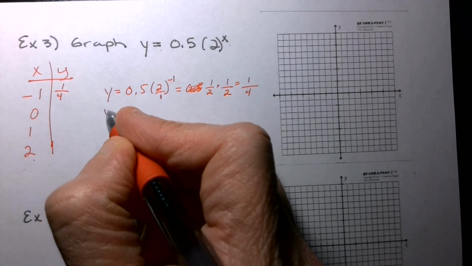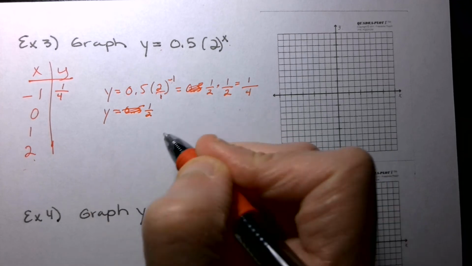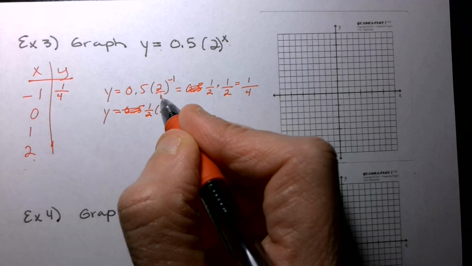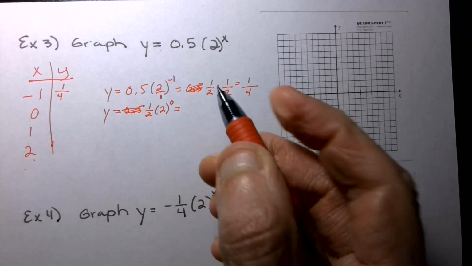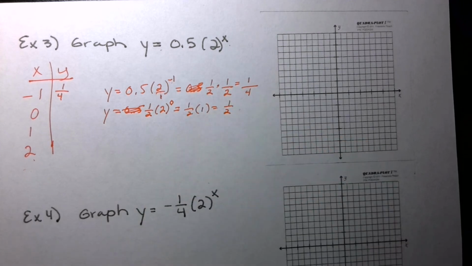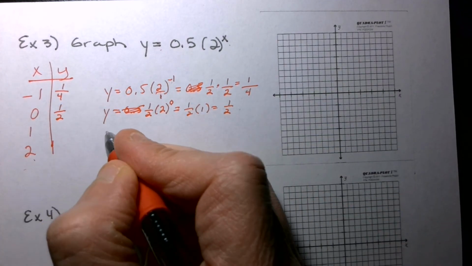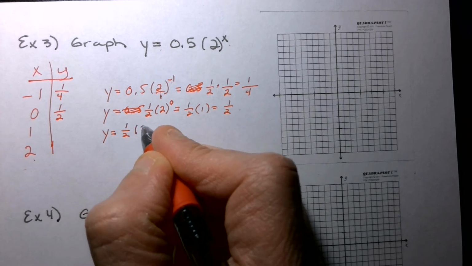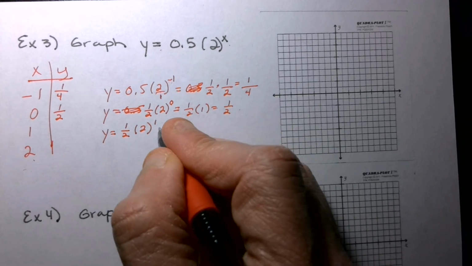Let's do the next one. y equals 0.5, 1/2 times 2 raised to the 0 power. Anything raised to a 0 power is 1. So my answer is 1/2. Now I'm going to do the 1. So I'm going to leave it as 1/2 times 2 raised to the first power. Anything to the first power is itself.